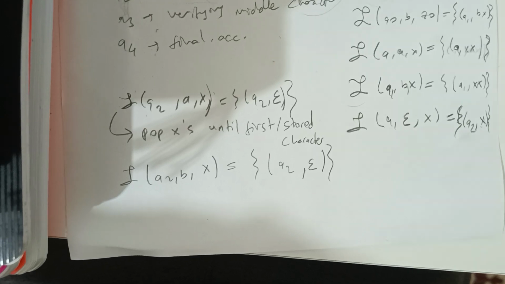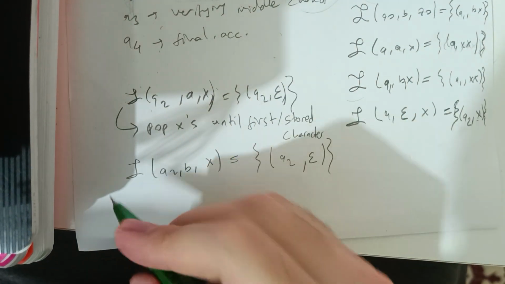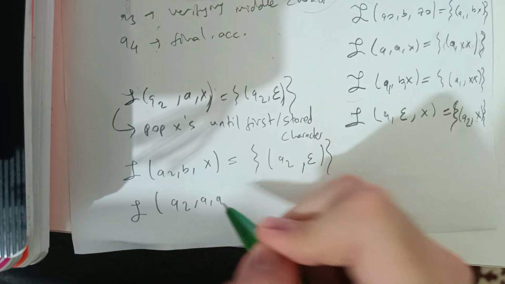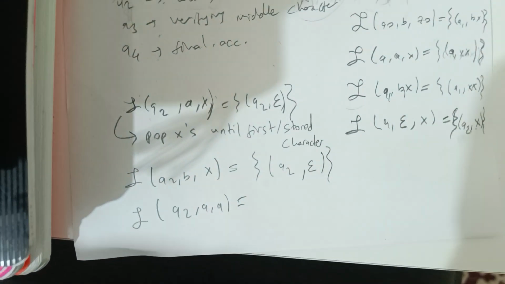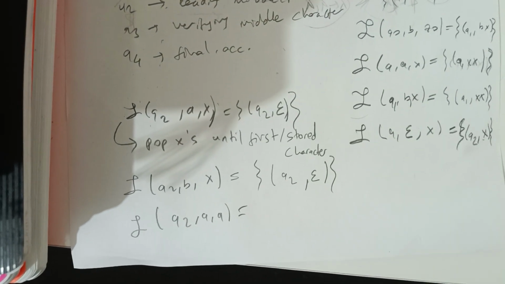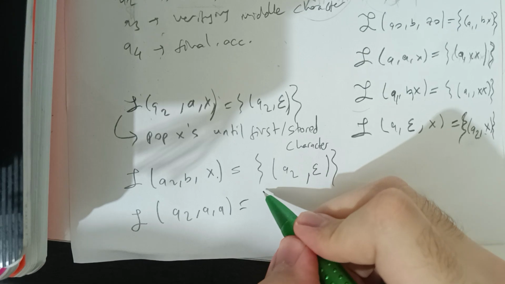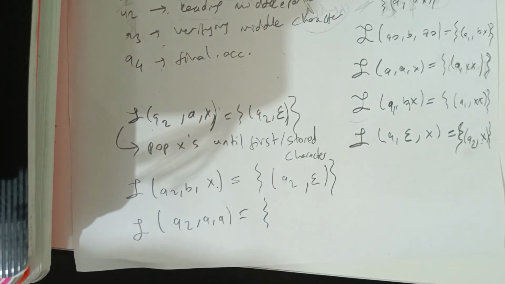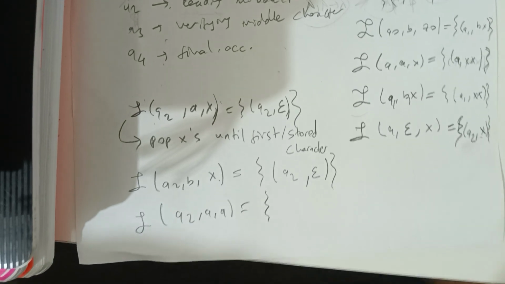Then after that transition Q2, A, A, if it matches the first character, we are in the middle. If it matches the first character, Q3.